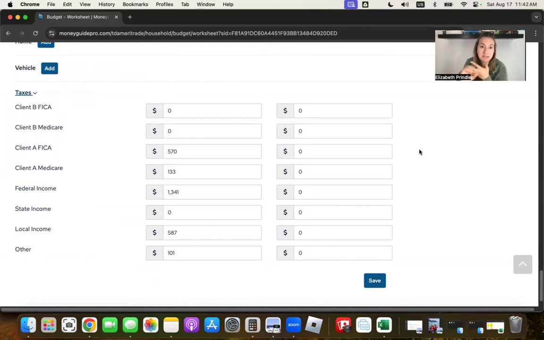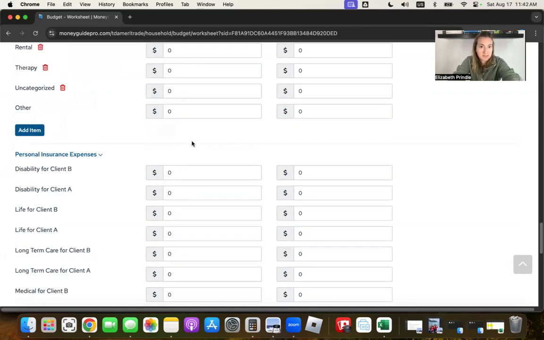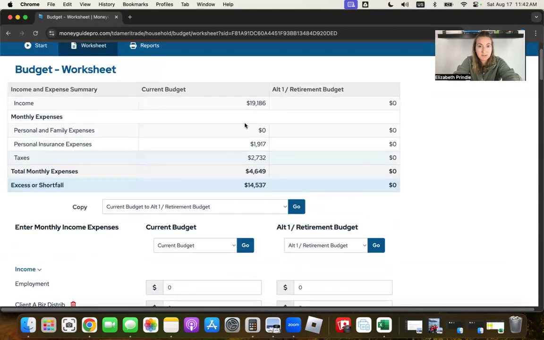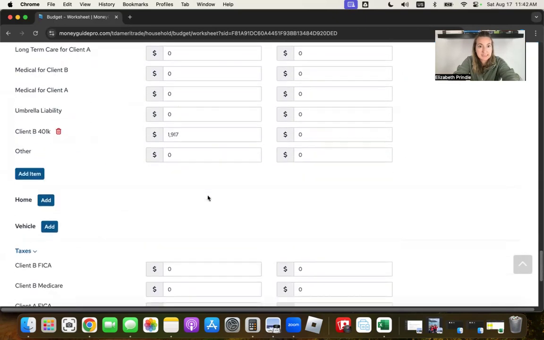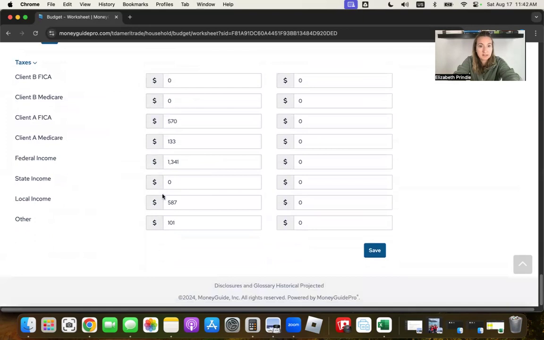That's the minimum you need. We can put in some figures to make some estimates, right? If one spouse is paying 30% of net to taxes, let's assume the other spouse is too, and just blanketly state it. I'm just going to put it in here as a placeholder, so it's not client B's FICA. So 30% of 10,000 is 3,000.